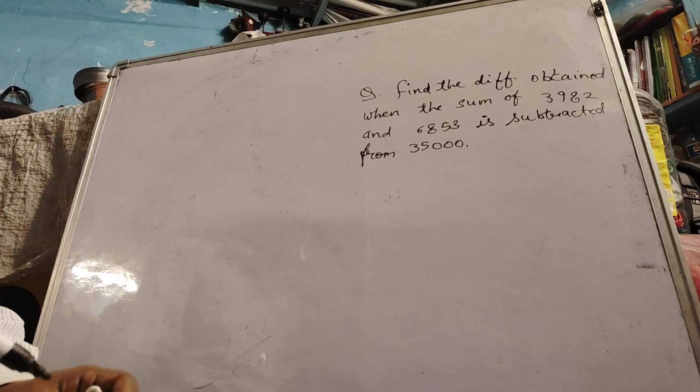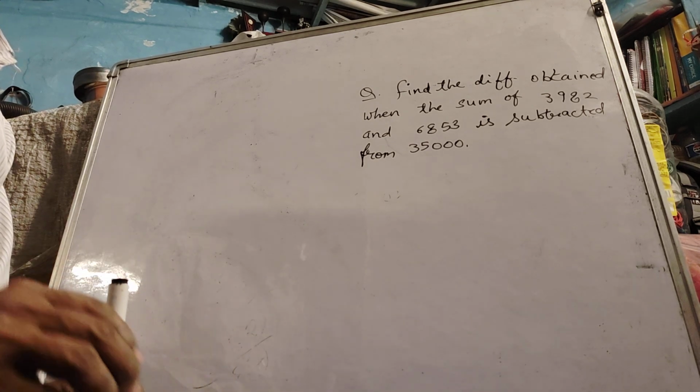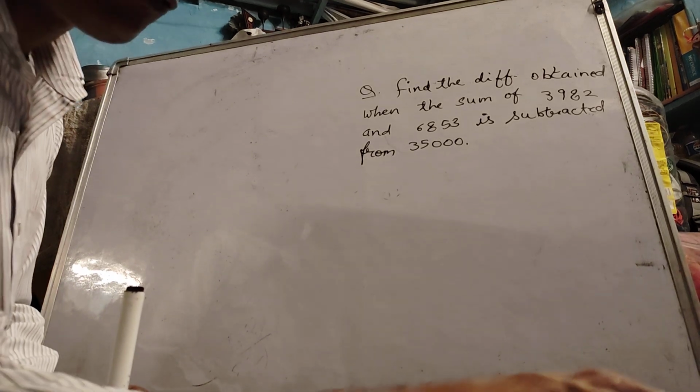Find the difference obtained when the sum of 3,982 and 6,853 is subtracted from 35,000.